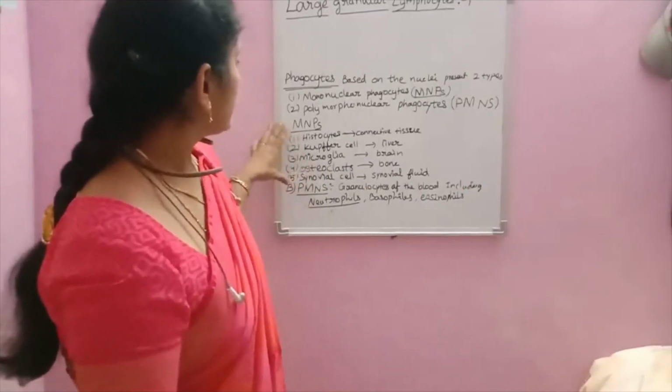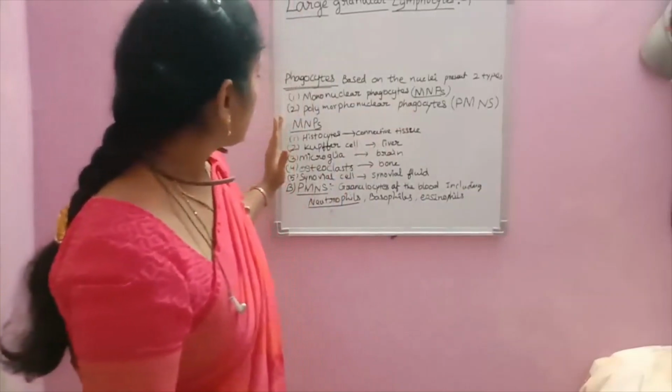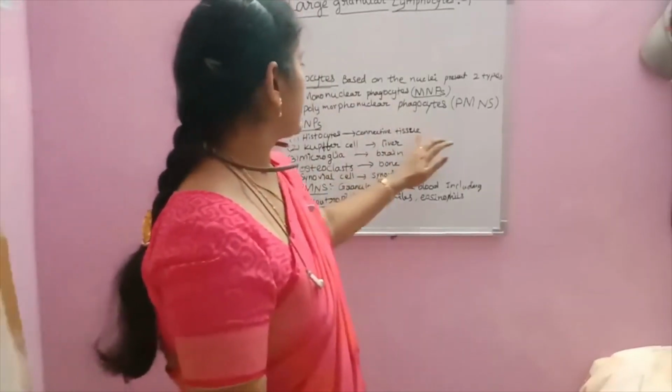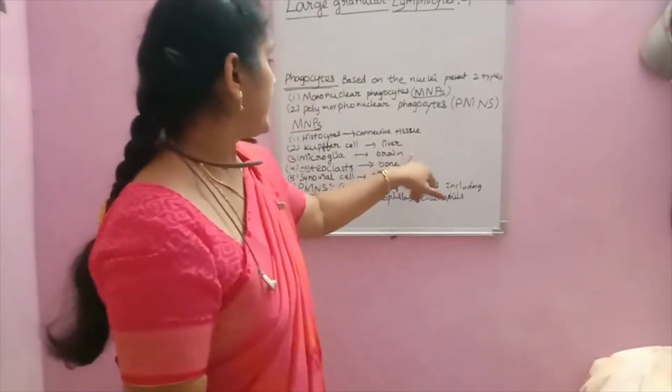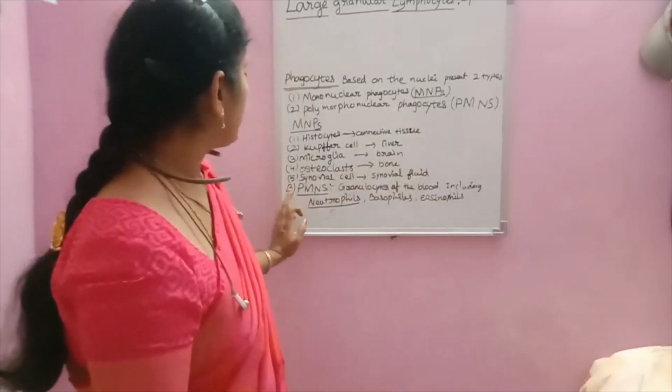So these are the mononuclear phagocytes which help in the connective tissue, liver, brain, bone, and synovial fluid.